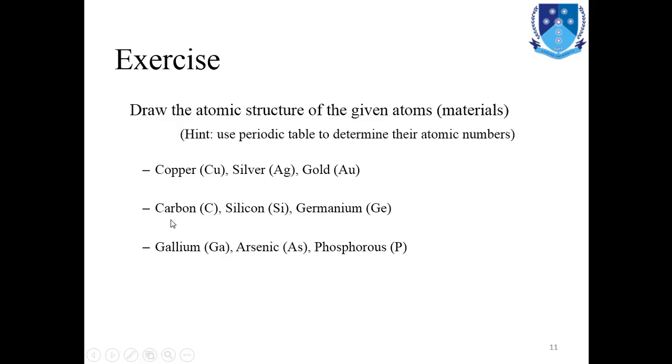Then you will draw the atomic structure of semiconductor materials, including carbon, silicon, and germanium. And finally, you have to draw the atomic structure of some other materials such as gallium, arsenic, and phosphorus.